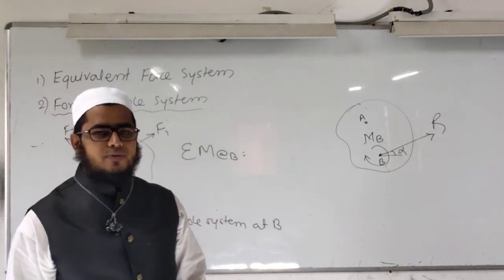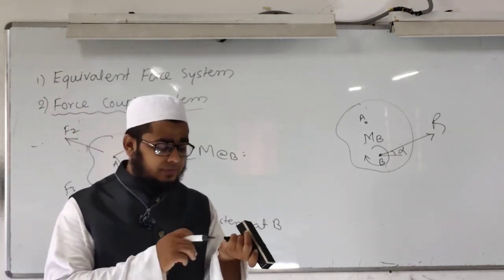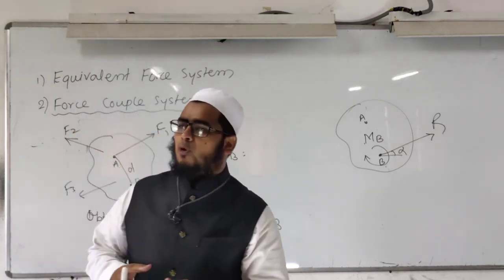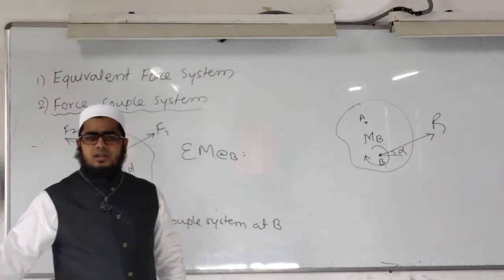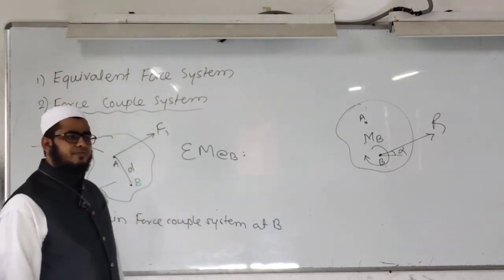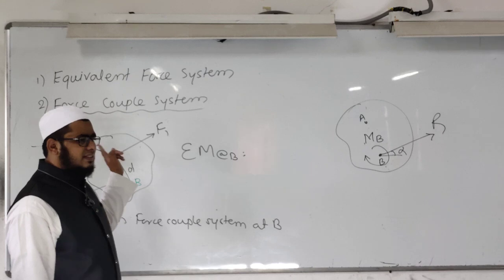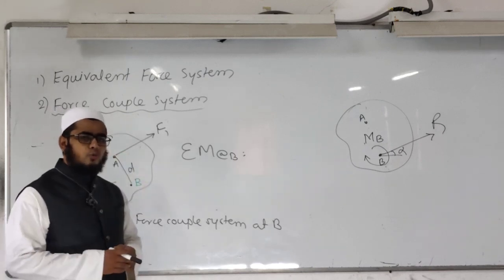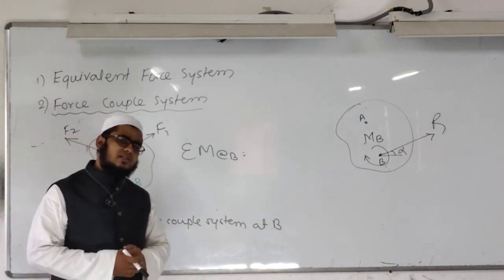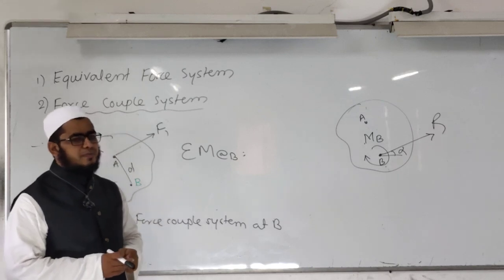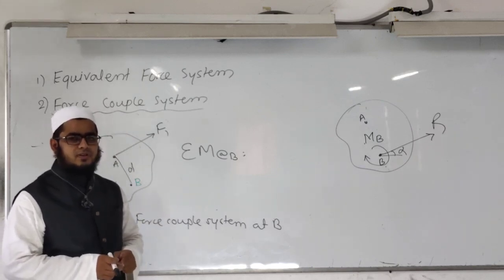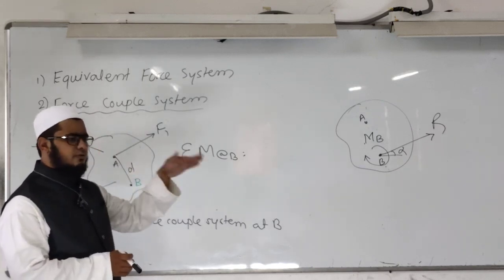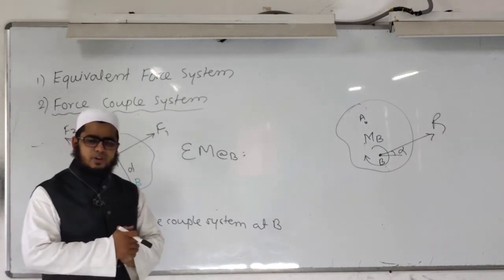I will repeat the steps to obtain the force couple system. If a single force is given in the force system, then transfer that single force with magnitude and direction to the desired point where we have to obtain the force couple system. Directly we have to transfer it with the same magnitude and direction to the desired point.